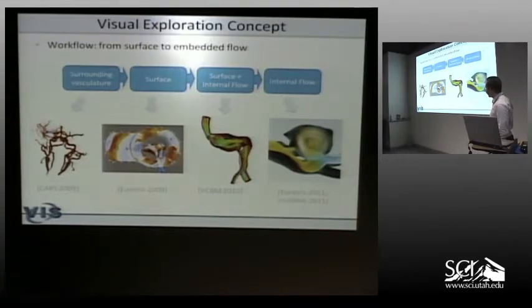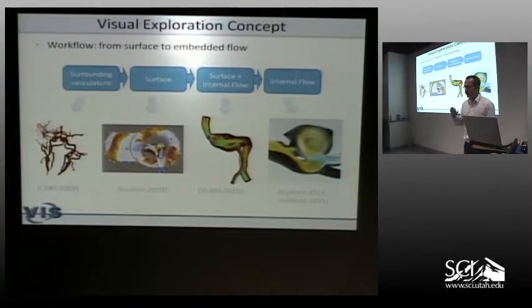So we want to start by showing the aneurysm region in its spatial surrounding with the inflow and outflow. Then we want to show surface features of the flow, like the wall shear stress and the oscillatory shear index. These are probably the two most important. And then we want to show simultaneously the morphology of the vascular system as well as the internal flow. That is a problem which is related to what is discussed in the visualization literature as nested surface visualization.